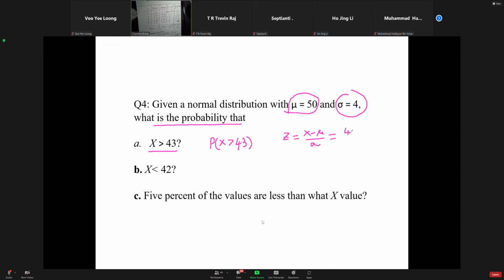So 43 minus 50 over 4. This is minus 7 over 4. Jackie, you need to take note of the sign. It is negative 1.75.